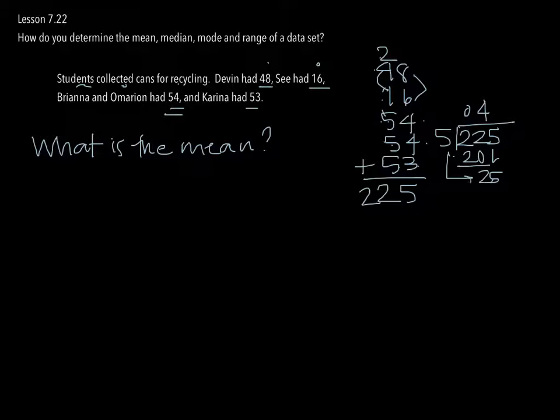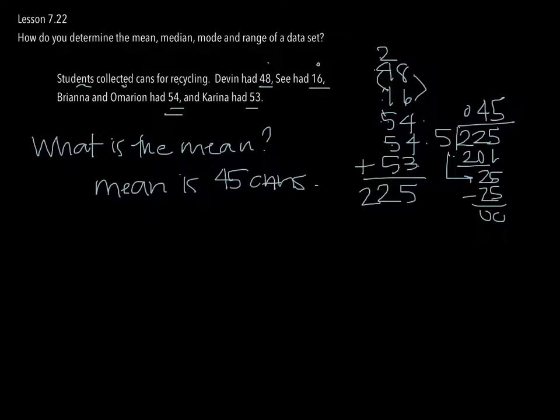How many 5s in 25? 5. So our average, or the mean, is 45 cans.